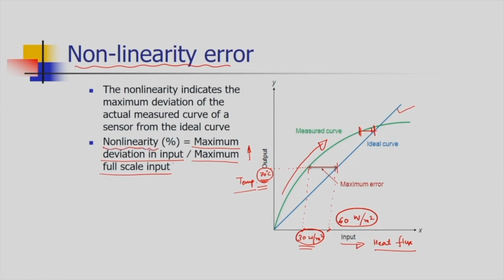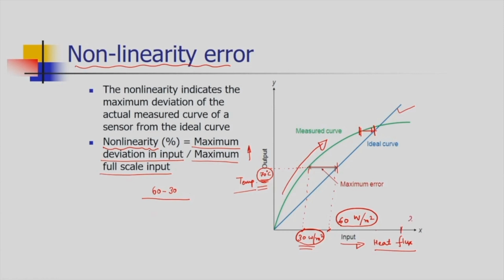So, the maximum deviation in the input is 60 minus 30, divided by the maximum full scale input.